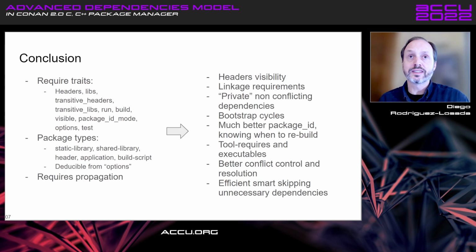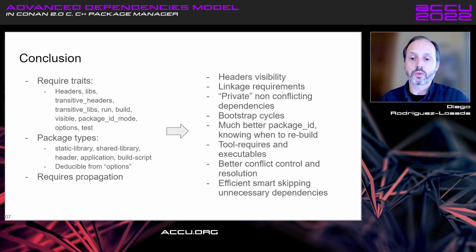Your requires will still be plain requires, and just managing the package types, knowing that something is a static library or a shared library or something, really brings the power, the knowledge of what Conan should be doing in order to do the right things. And third, the mechanism of how these requirement traits are propagated from upstream to downstream, taking into account the package types, is the proposal here. And with this proposal, we can do amazing things.